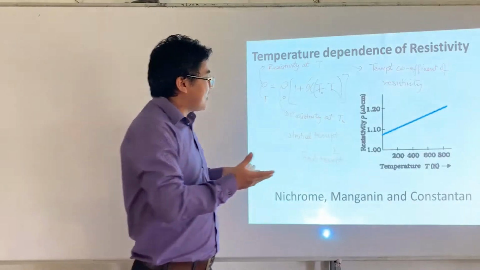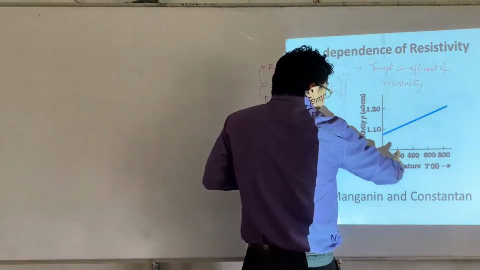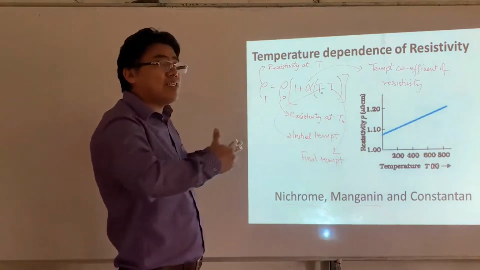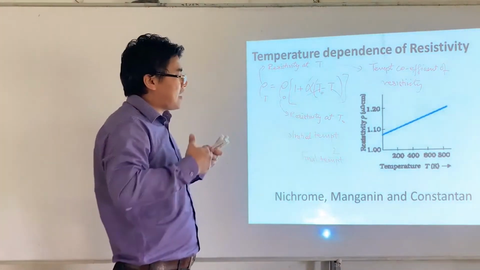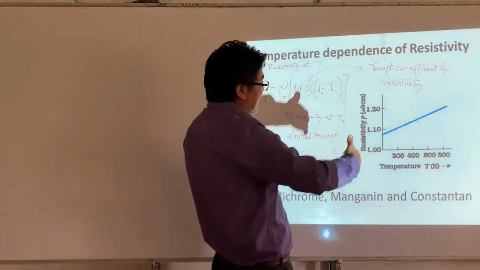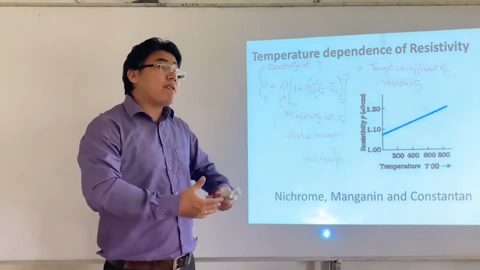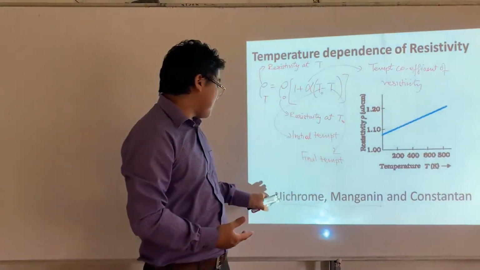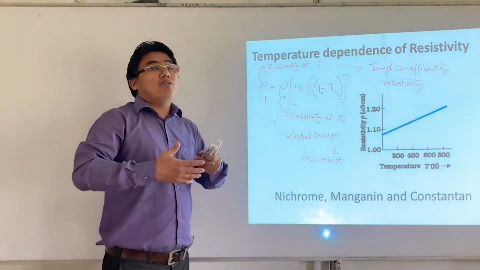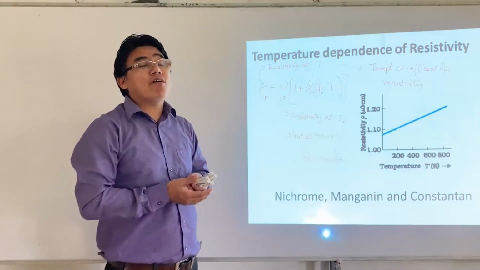Look at here, I go on changing the temperature from 200 Kelvin to 400, then 600, then 800. The change of temperature is so huge. This shows that the resistivity of nichrome, manganese and constantan is weakly dependent on temperature.